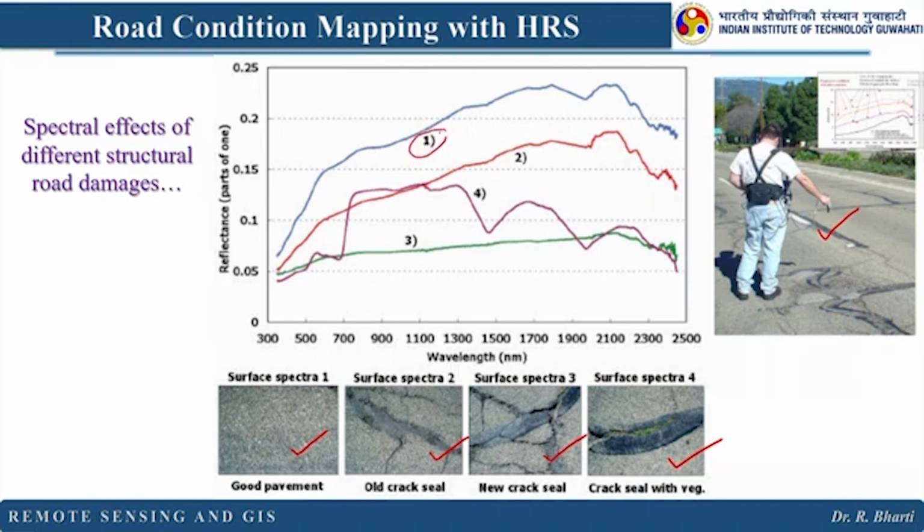The first one belongs to good pavement, 2 to old crack seal, 3 to new crack seal, which is this one, and the 4th to crack seal with vegetation, which is this one. When vegetation comes into the picture, the vegetation spectral feature also comes in, right. So, it is very easy to identify the condition of the road using hyperspectral remote sensing.